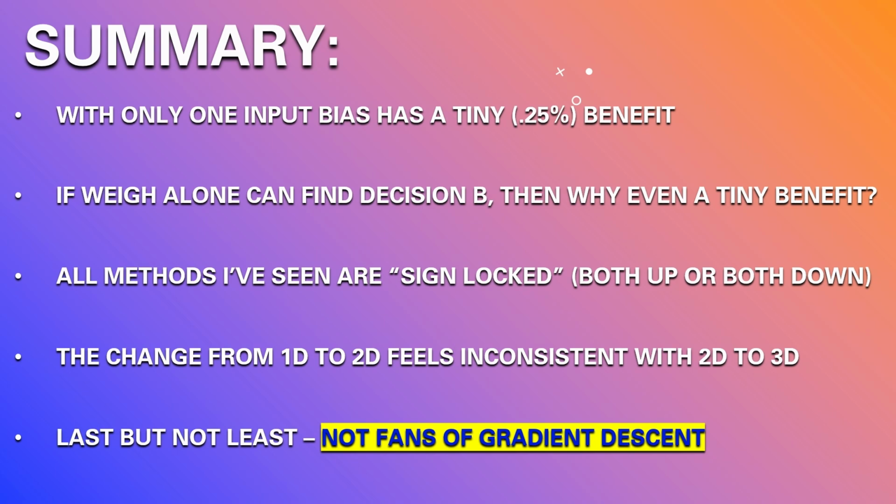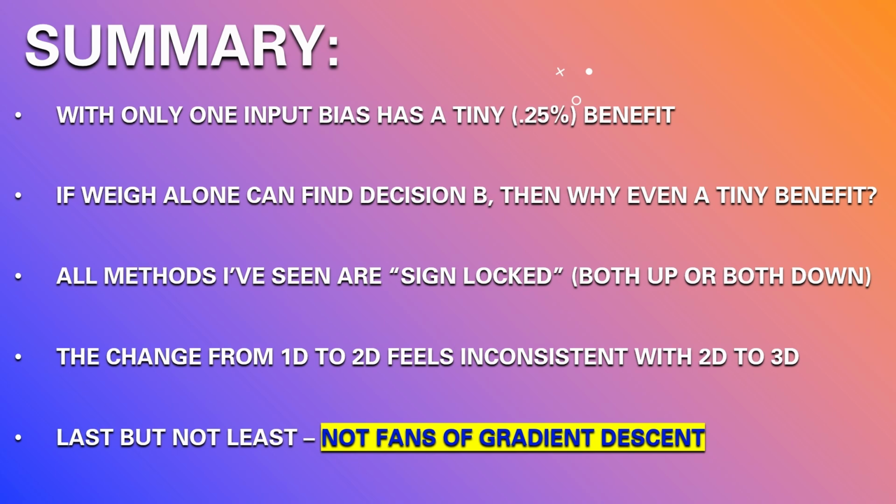And then the last thing is the change going from 1D, where you've got a point on a line, and that's the decision boundary, to 2D, where it's a line in a plane being the decision boundary, and that line is controlled by a weight for the slope and a bias for the y-intercept, to 3D, where it's a plane in a 3D space being the decision boundary, and now the weights control the orientation and the bias also allows it to move.